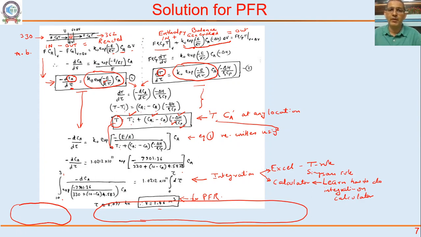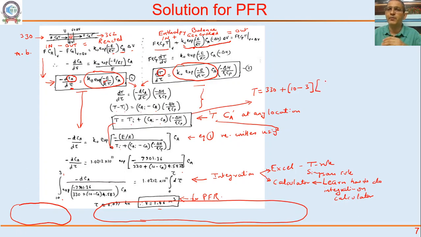Because from this expression, if we substitute now the outlet condition, what is the outlet condition? Ti would be equal to 330 plus (CAI is 10 minus CA outlet, which is 3).